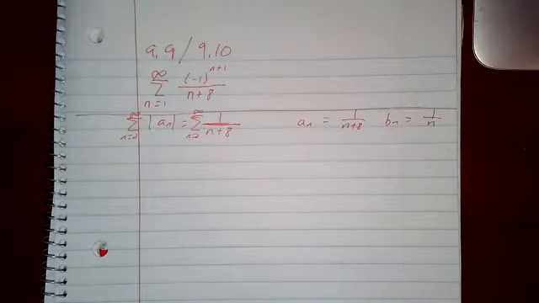If b_n converges, then a_n converges if a_n is smaller.